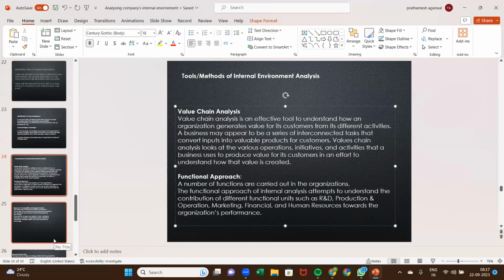And as they are interconnected, every department or functionality will add value to the product for the customers. For example, if we visit Pepsi, there are some people doing the bottle washing.